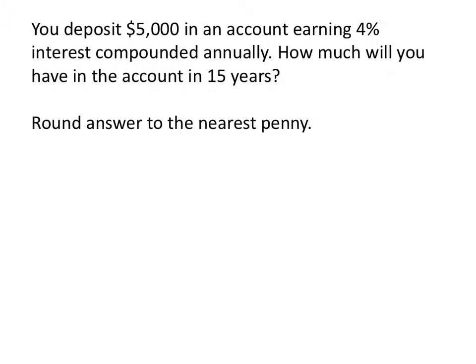So on this one, you deposit $5,000 into an account earning 4% interest compounded annually. How much will you have in the account after 15 years? Oh, okay. Well, how much are we starting with? $5,000. And then I'm going to multiply this by, again, you're going to start with 100% of 5,000.